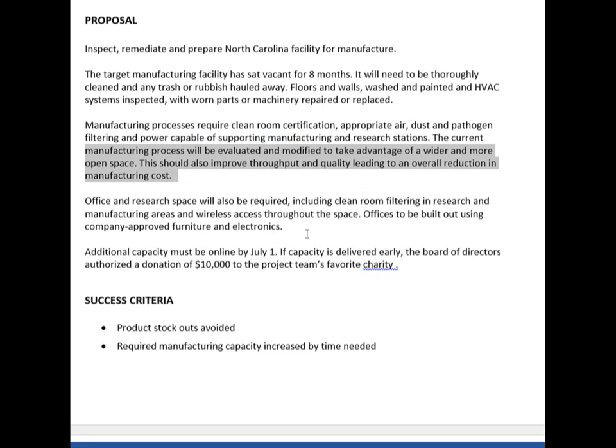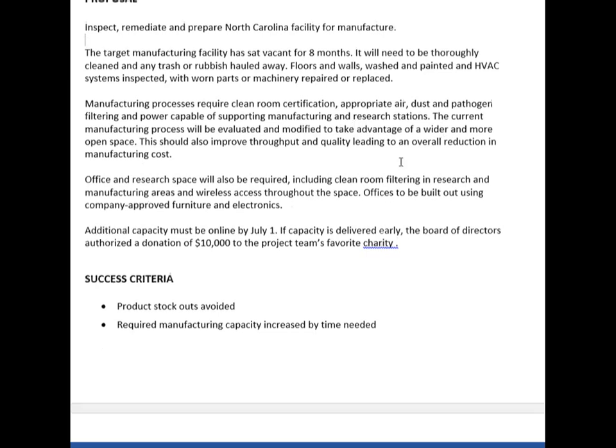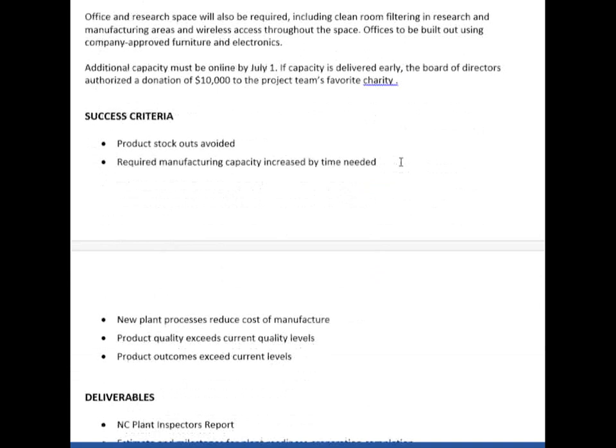We're going to have offices, and we also have an opportunity here for a positive risk. The positive risk of delivering early, where the board of directors would authorize a donation to a project team's favorite charity. So in this section, we've defined the what. Here's what we're going to do and how we're going to approach resolving this overall problem of manufacturing capacity.